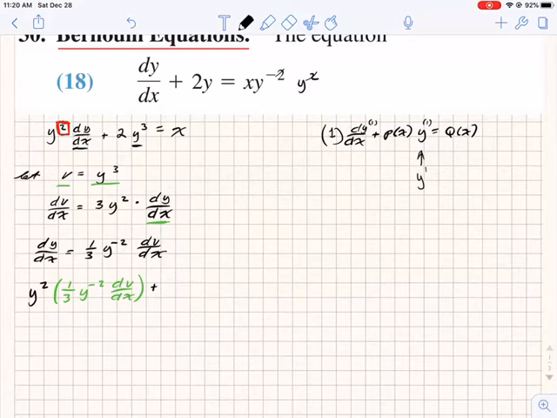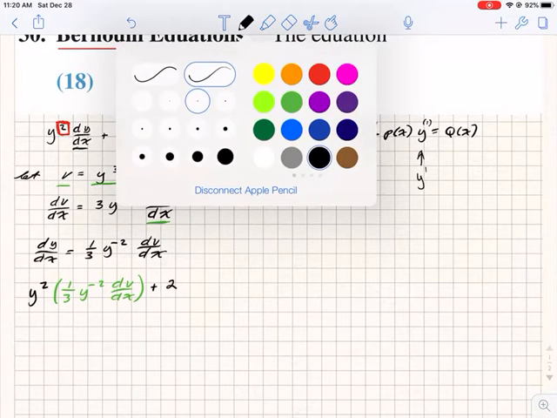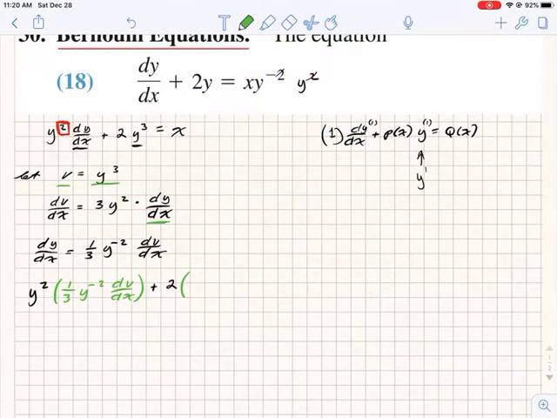We're going to add 2 times v, and then we're going to equal x.